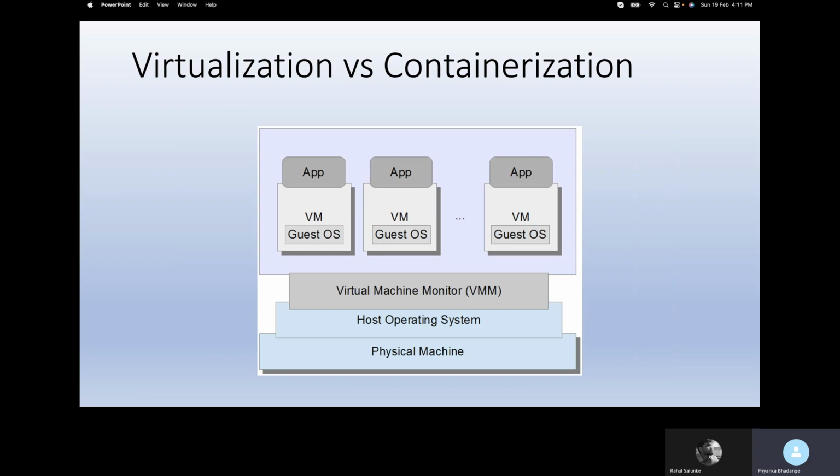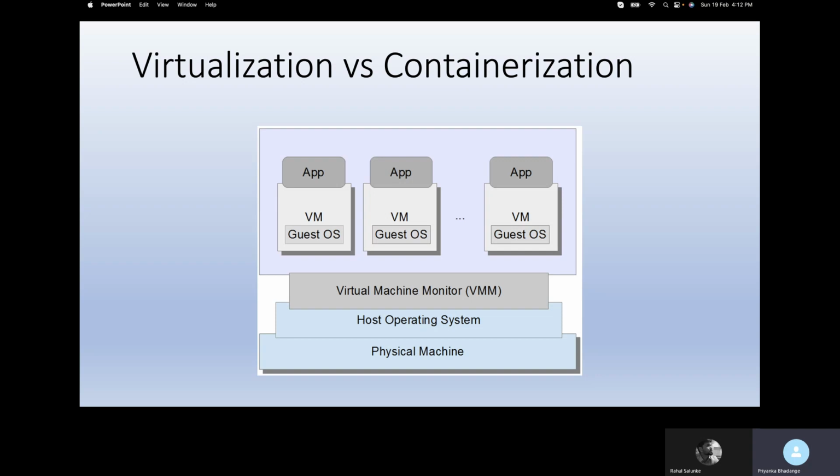In virtualization, we had one physical machine, and on top of that we have one operating system, that is one kernel, and we have one hypervisor, that is a virtual machine manager. You must have heard about VirtualBox, VMware, etc. That is nothing but the hypervisor, which helps us to run many virtual machines at a time.